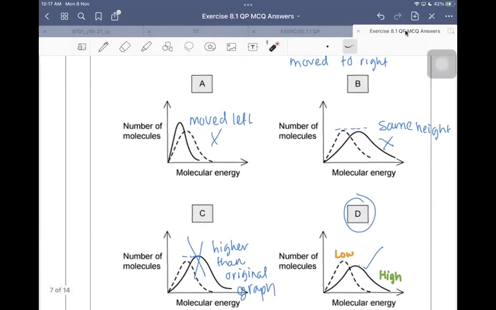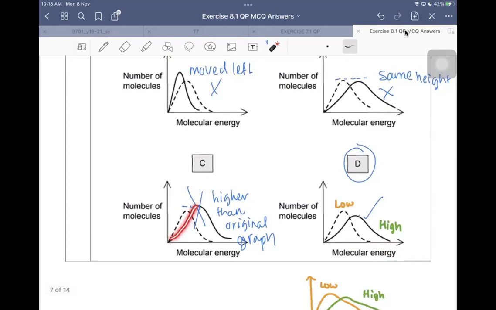B is wrong because the shifting is correct, but the peak is of the same height. That cannot happen. When you pull your graph and at the same time you want to keep the area under the graph the same, because the area under the graph represents the number of molecules, the peak has to be lowered down because you're pulling it, you're stretching it, okay?